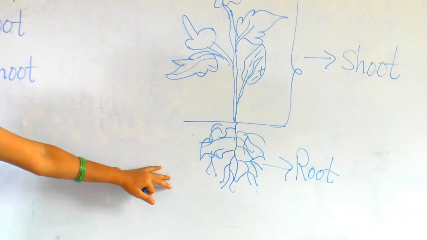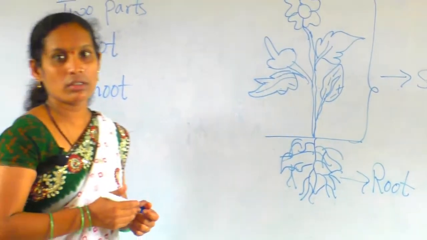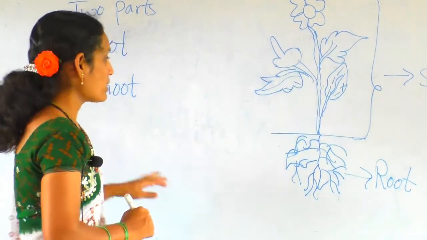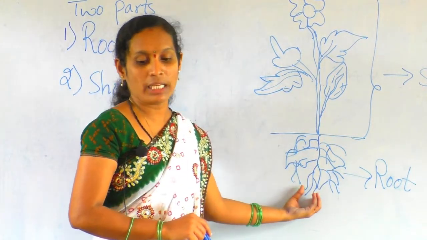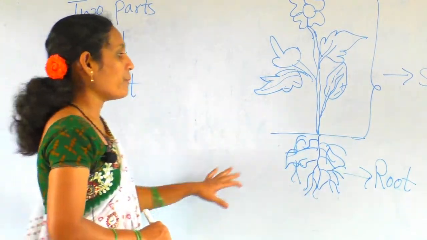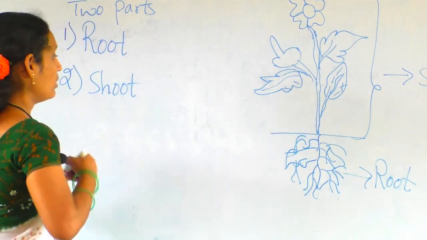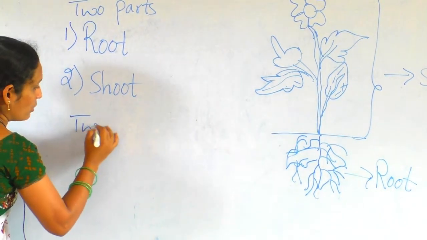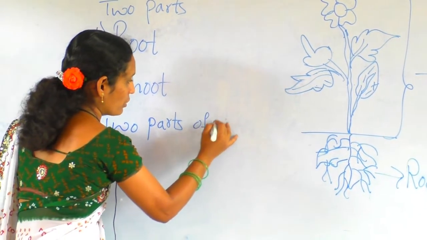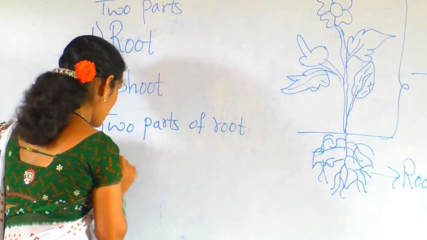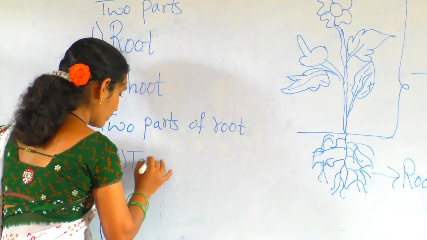This is a root part. What do you mean by root? Root has so many branches. So many branches are there. Okay, in that root, two parts are there. Two parts of root. First is tap root.